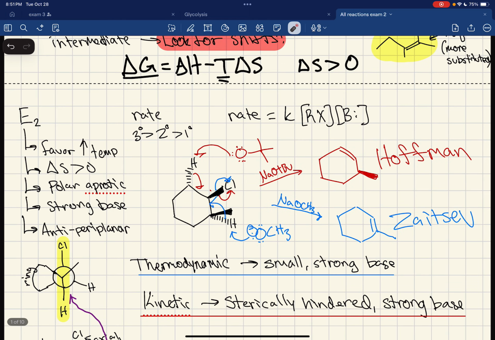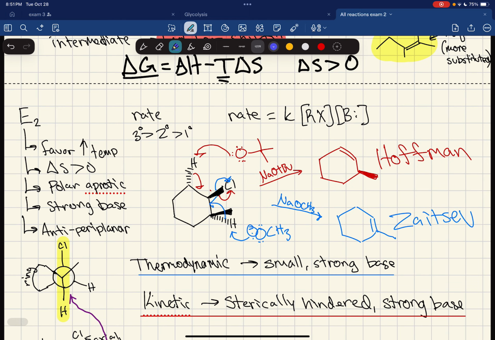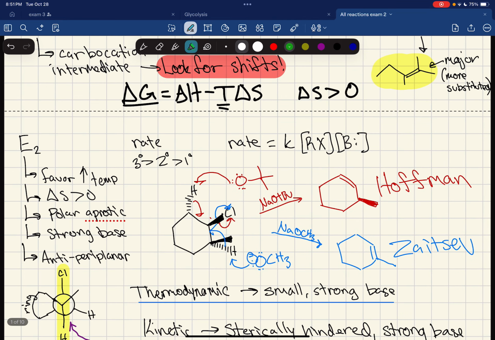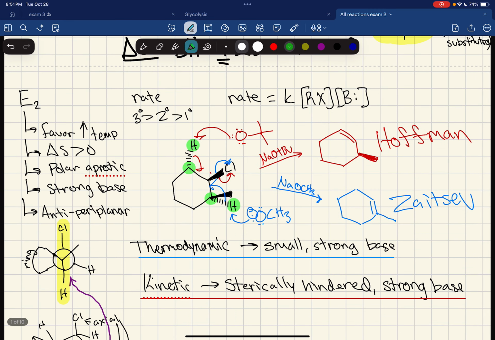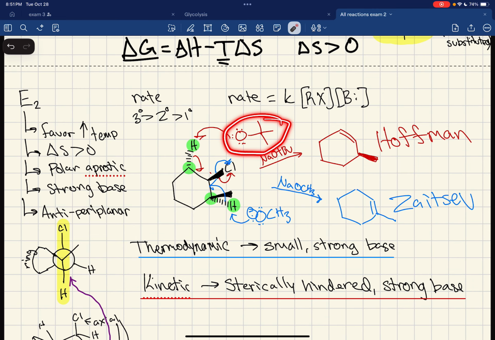I'll highlight those beta hydrogens again, just to make it a little bit more consistent. Beta hydrogen, beta hydrogen. You can eliminate either of those. Beta carbon, beta carbon. All right, so with a bulky base, or a large, strong base, such as tert-butoxide, that's probably the most common one that you'll see, because of all the steric hindrance in this big old group right here, you can't come in to this hydrogen because there's too much going on right here.